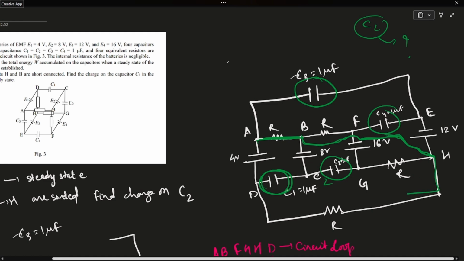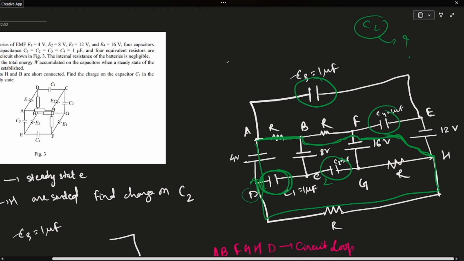Then H2, here C1 is connected with D, and there is a current flow across this. So there is a potential drop across C1, so there will be some charge. Then see C4.